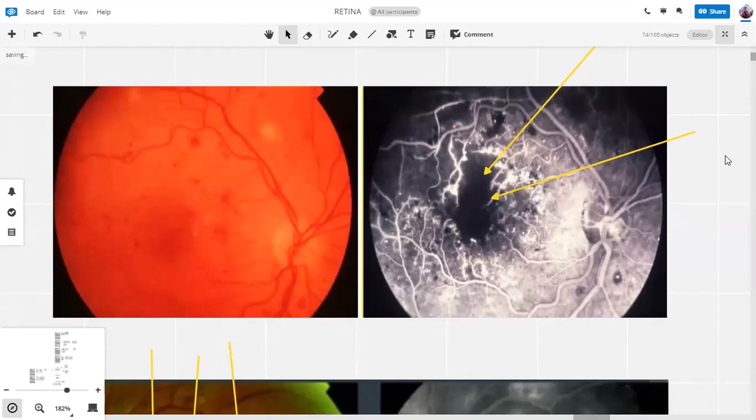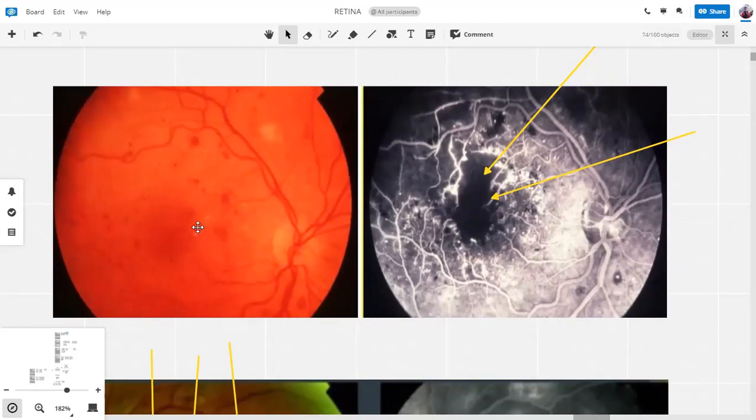So this type of clinically significant macular edema, what is it called? Ischemic maculopathy, right? This is ischemic maculopathy. Again, this is clinically significant macular edema. Why?